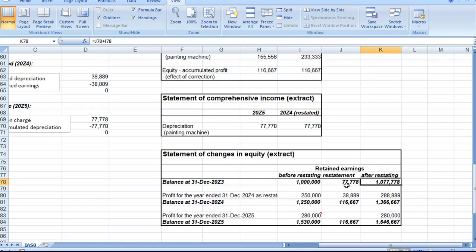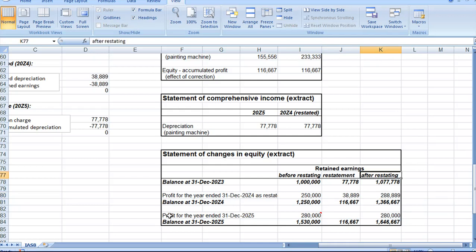Well, remember this difference, 77,778, as a correction of 20Z2 and 20Z3. Then you present the profit for 20Z4 separately. Again, here's the correction of 38,889 and the closing balance of 20Z4 separately.